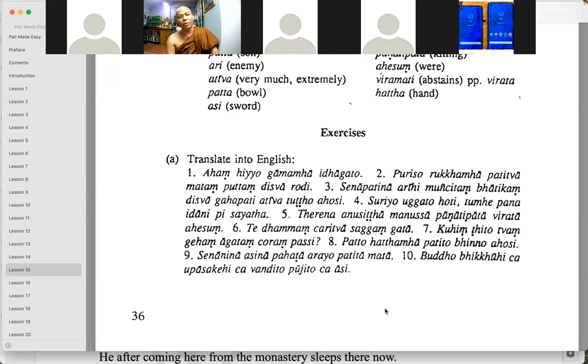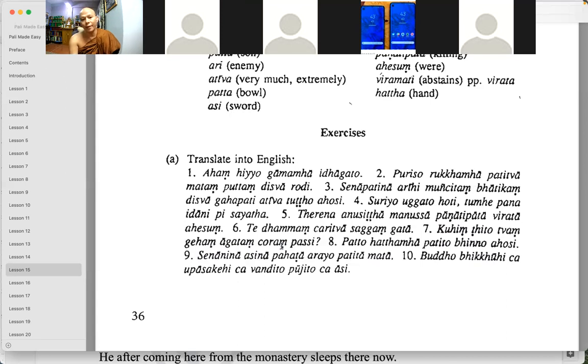You see, in Pali the object is put immediately before the verb it is related to. That information is important.